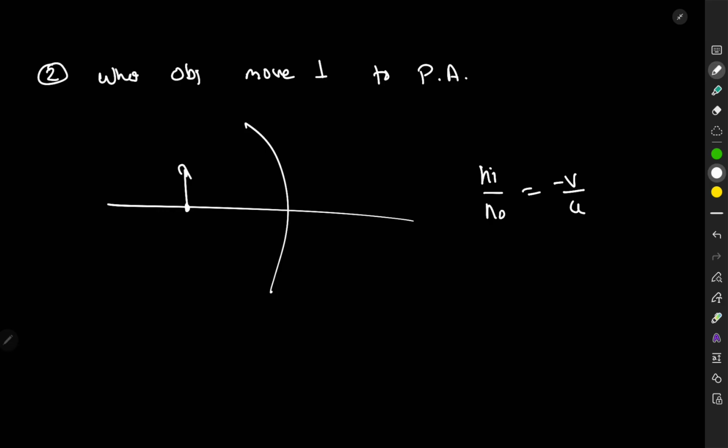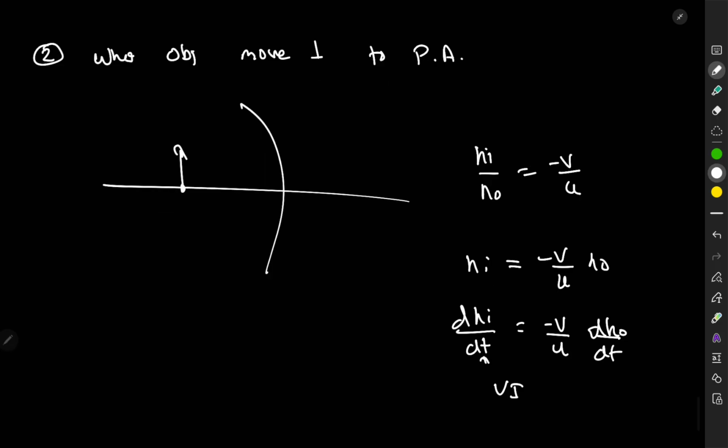So this is the only formula which relates it. Do some simplifications and you will get something like, now differentiate, dhi by dt is equal to minus v by u dh naught by dt.